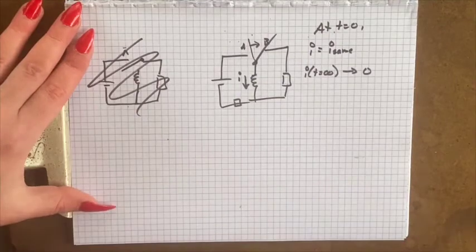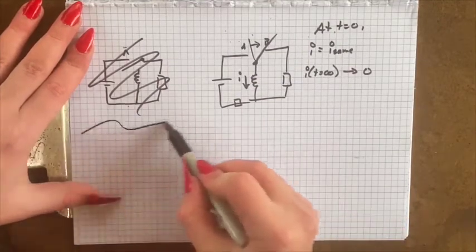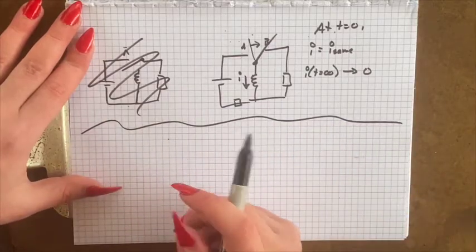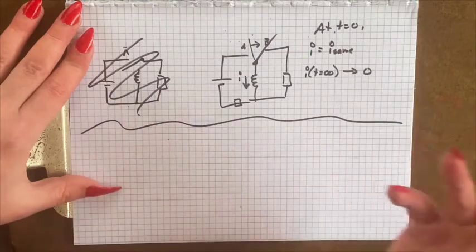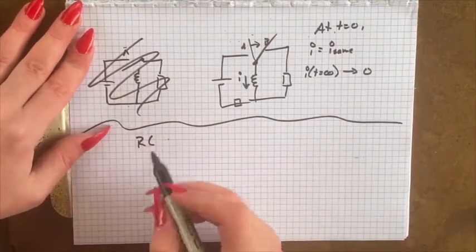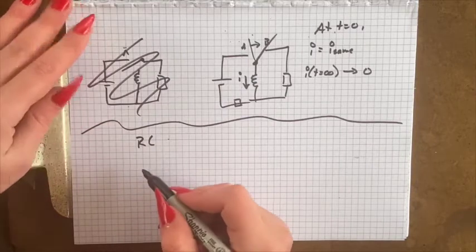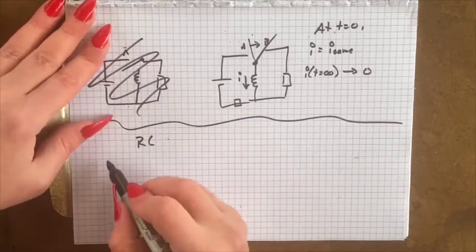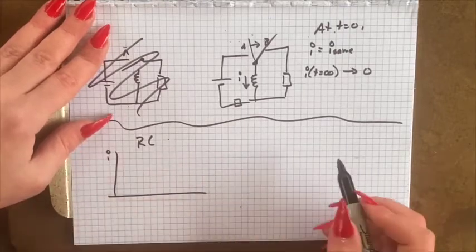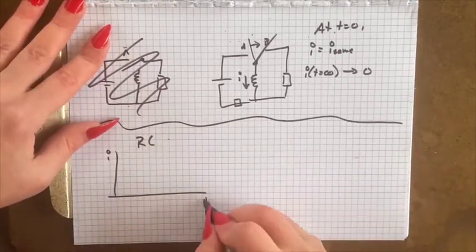Okay, what should we talk about now for the inductor? We should know some things about the time constant, I guess. In the RC case, where this was a capacitor instead, let's look at the current versus whatever formula.